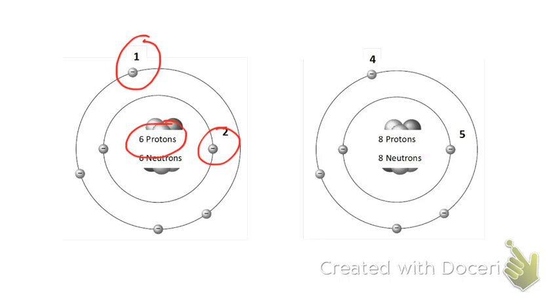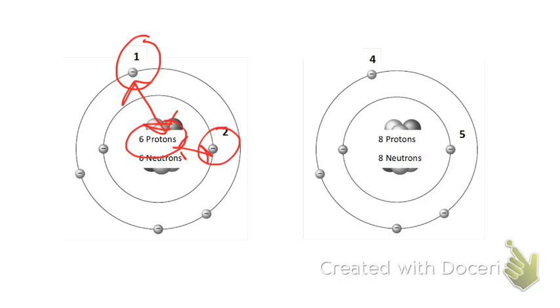Those 6 protons are attracting electron 1, which is a valence electron, as well as electron 2, which is a core electron. According to Coulomb's law, because electron 1 is further from the nucleus, it should have a lot less attraction to the nucleus than electron 2, since electron 2 is closer to the nucleus. I think you understand that.